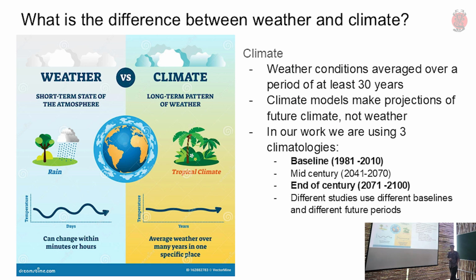For today's presentation, and the next presentation, I'll be limiting it to the end of century relative to this baseline. So when I talk about something relative to the baseline, I'm talking about the climate that was experienced 1981 to 2010 compared to what we'll be looking at in the future.